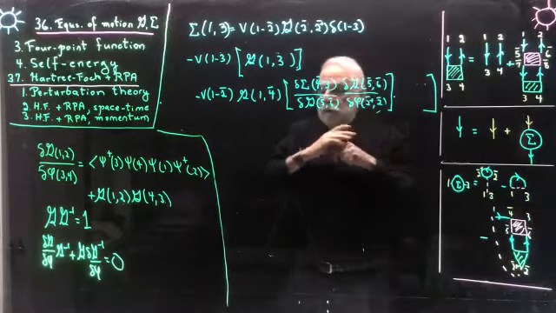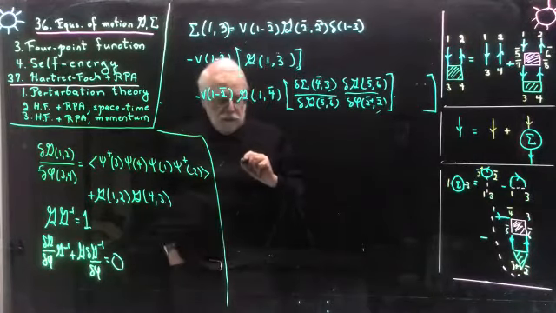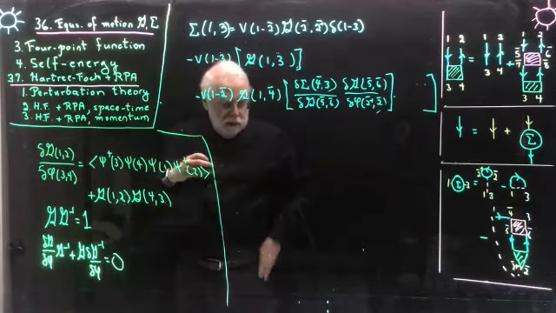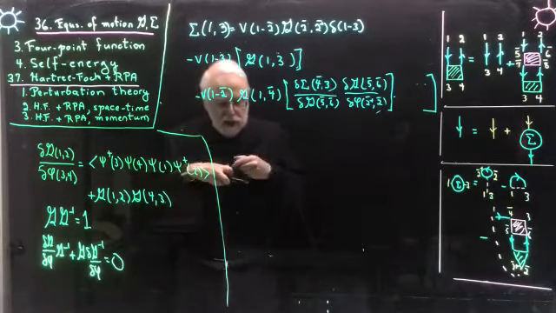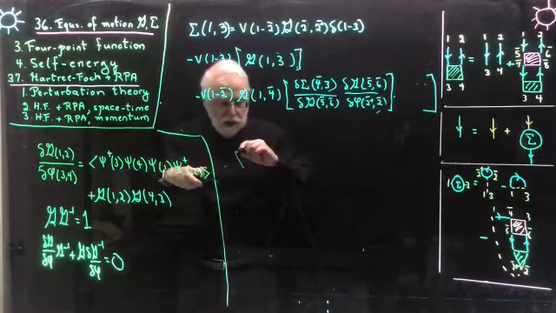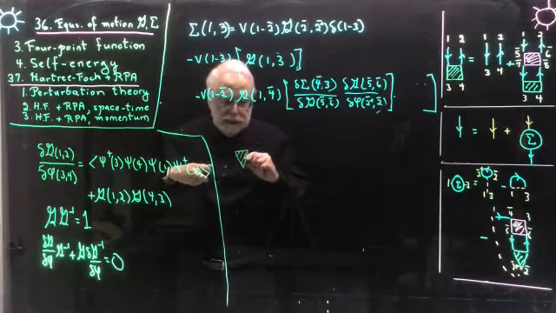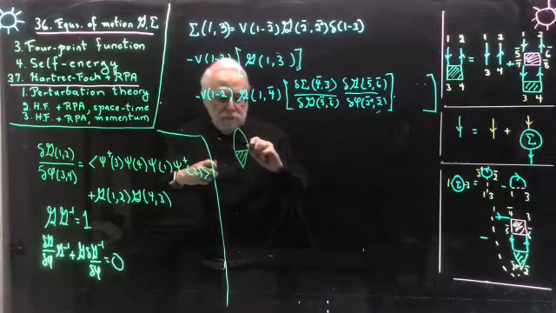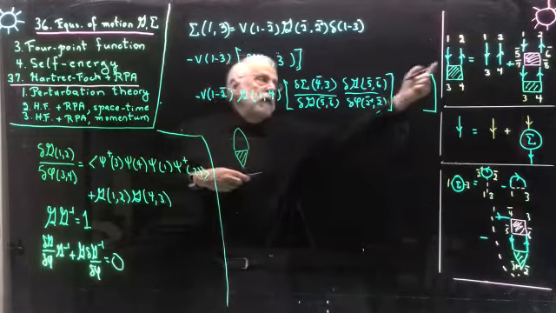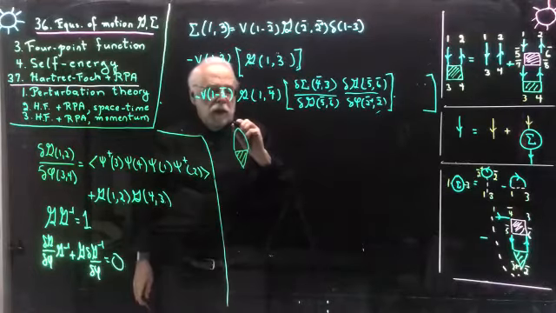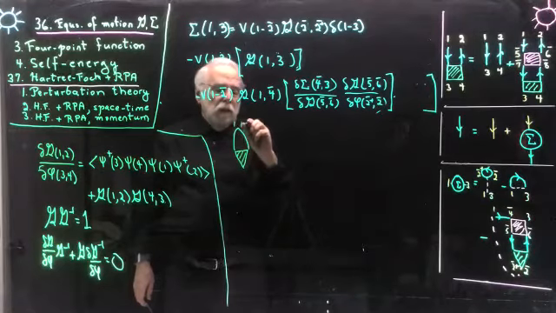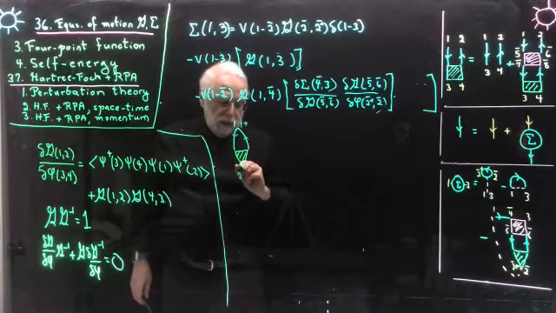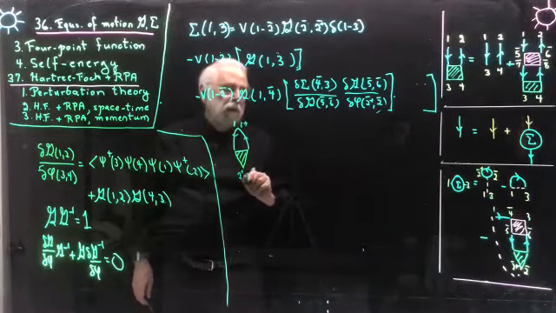So suppose I want the density correlation function. So I will put one, let's say, 1 plus, and 2 plus 2.